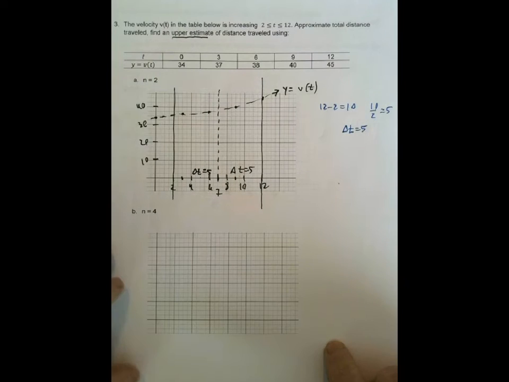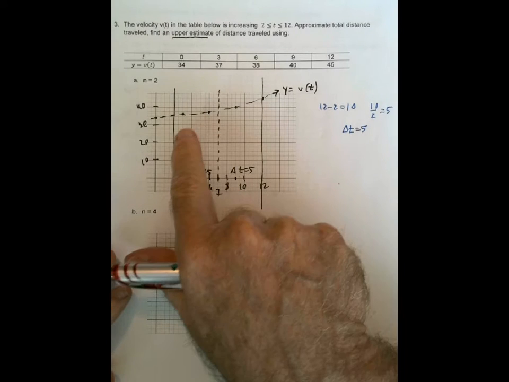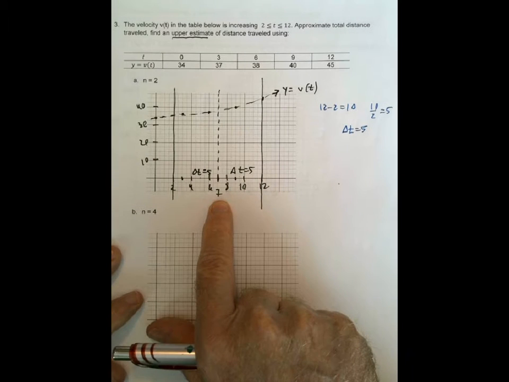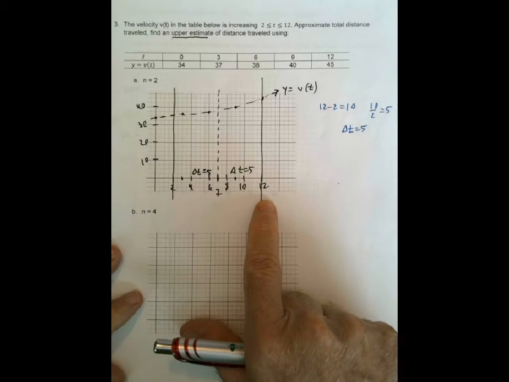Now we want the overestimate, the upper estimate, meaning we want the rectangles above. So that means you can see here that we're going to use 7 as the end of our interval and 12 as the end of our interval.